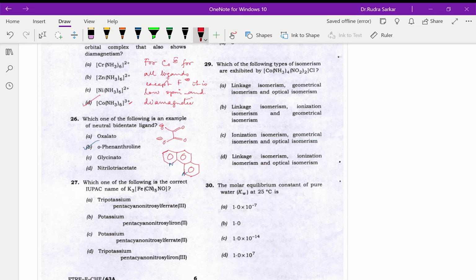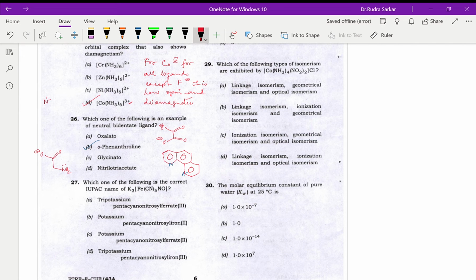For glycinato, let's draw the structure. It is something like that. So it is bidentate but monoanionic. Nitrilotriacetate means this one.